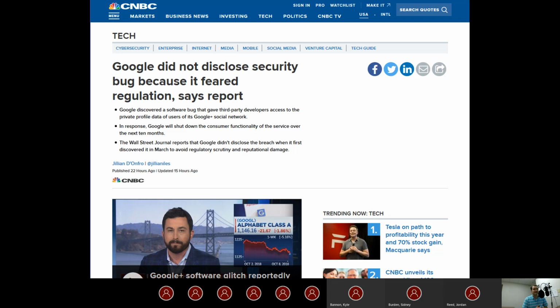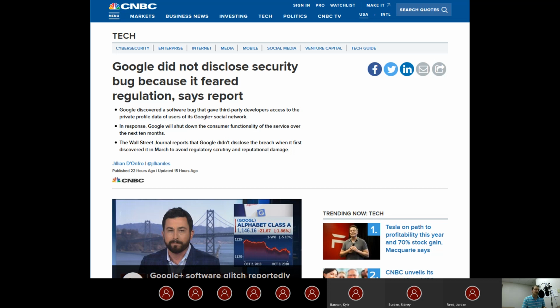So let's go ahead and talk about this. Before we talk about the specific context, I want to add this to the discussion we had Friday regarding security vulnerabilities and regulations. This is an article about the Google Plus breach, in which information on Google Plus was accessed by third parties who weren't intended to access it.